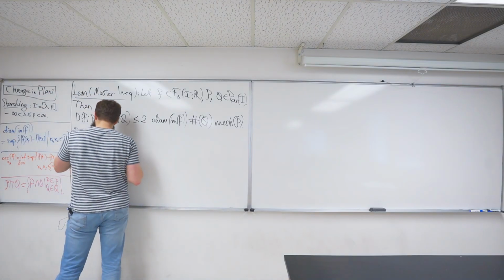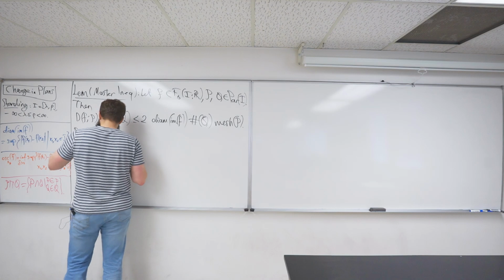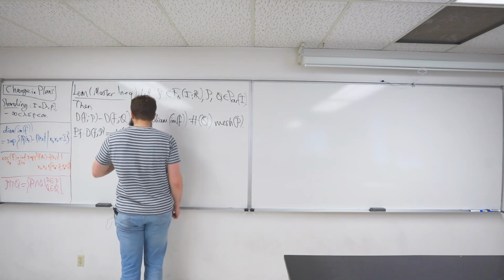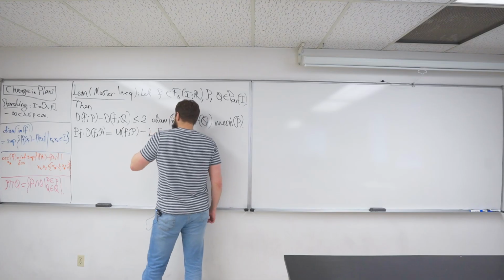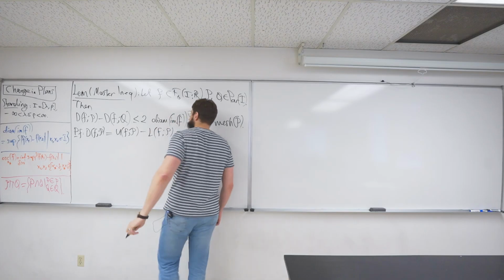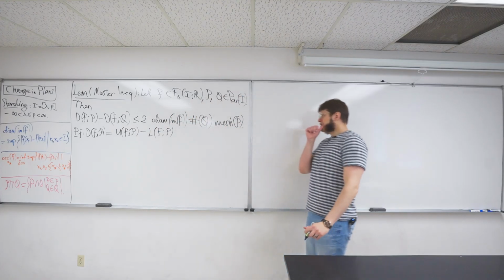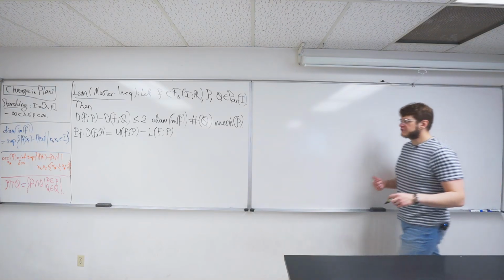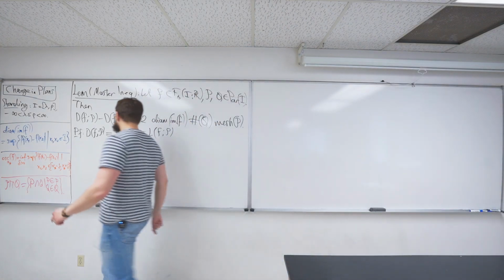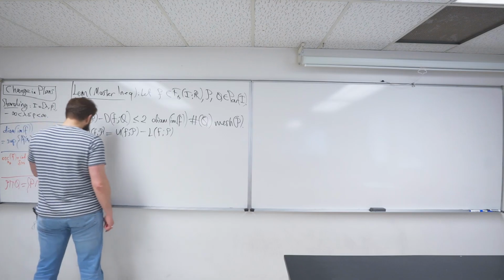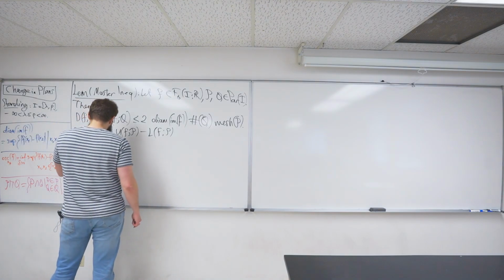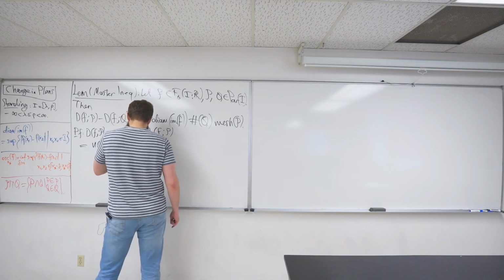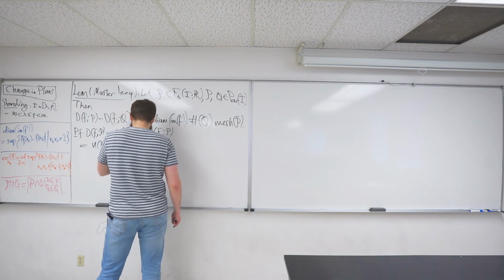This is, by definition, upper Darboux minus lower Darboux of the same partition. Now I'm going to inject a bunch of terms, uppers and lowers, coming from this coarsest common refinement. So this minus this.